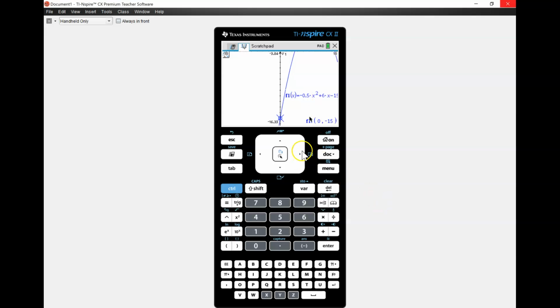Now, using the left and right, I'm just going to hit the right button. Look, if you hit it once, it goes up, right? And up. And look at what's happening here at the coordinates as I press that. Now, when x is 0.9, y is negative 10.05. So I can go through all of these points, 1.2 and so on.